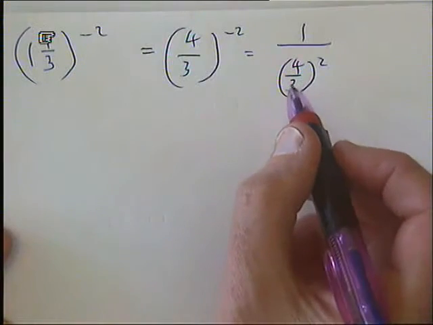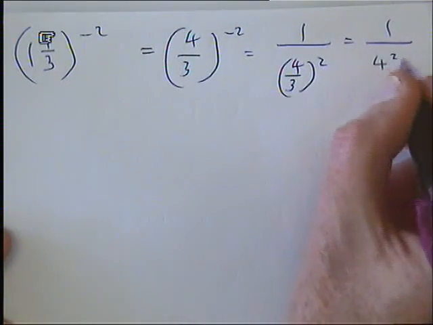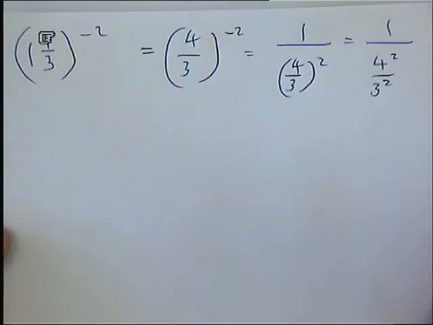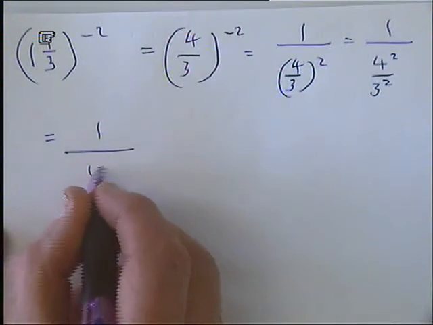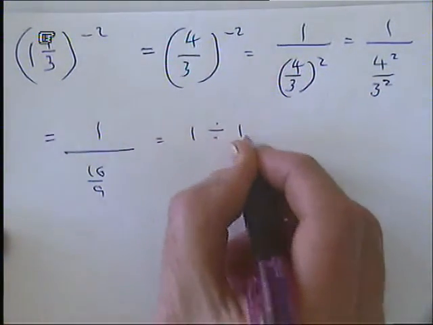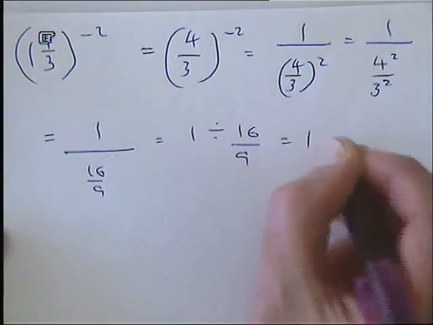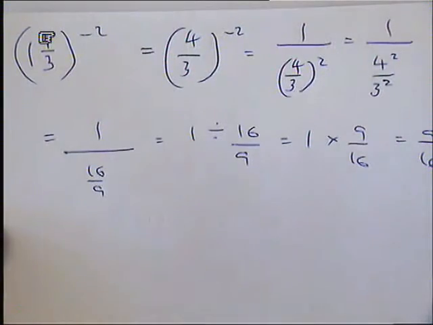And remember, when you've got a fraction to a power, that power applies to both numbers in your fraction. So that's 1 over 16 over 9. That's 1 divided by, we do our keep, change, flip, and we get our answer.